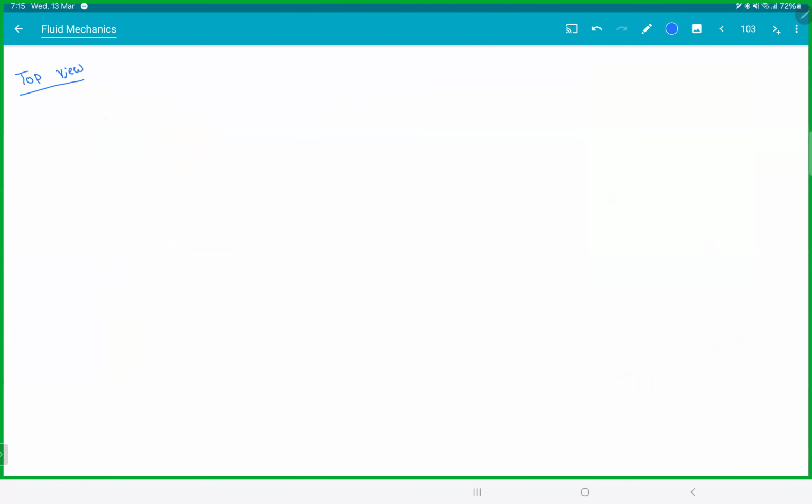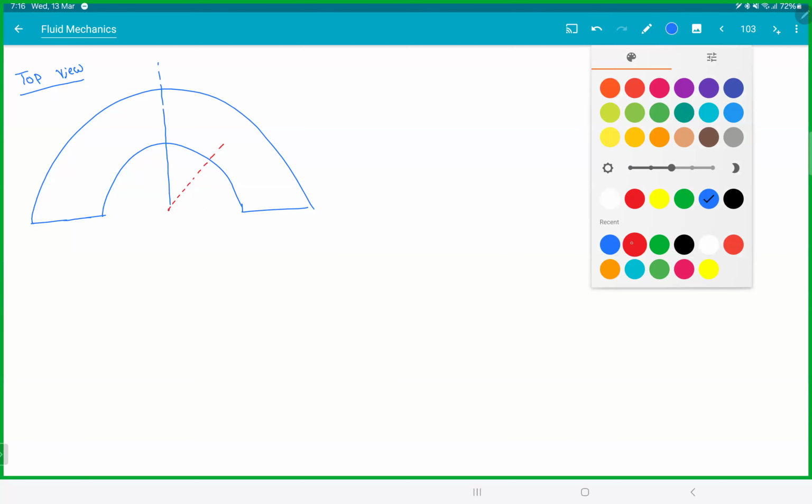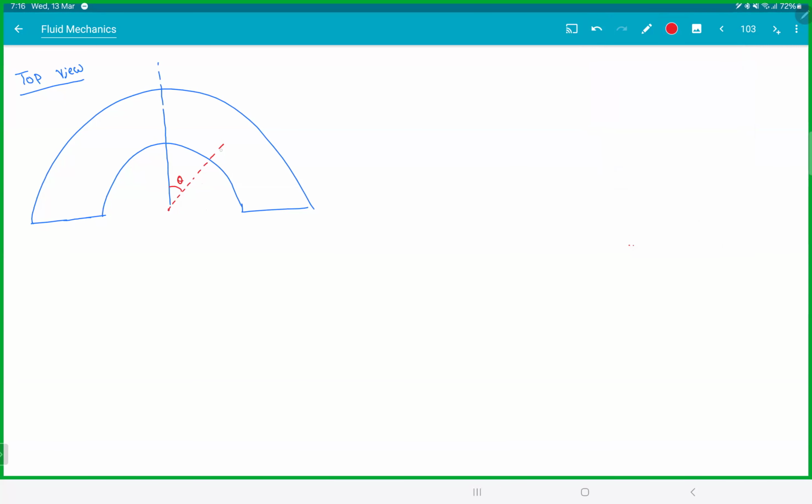If you take the top view, from the center at an angle, let's take the vertical, because momentum is a vector quantity, so you can see by symmetry angle theta. So at a distance x, take a small dx and a small arc r d theta.